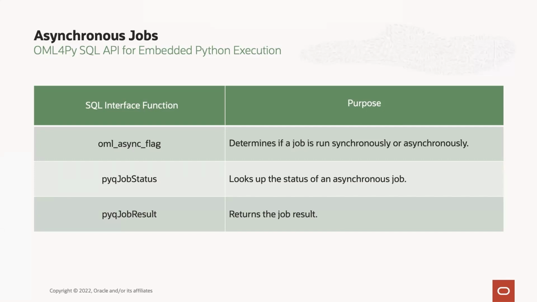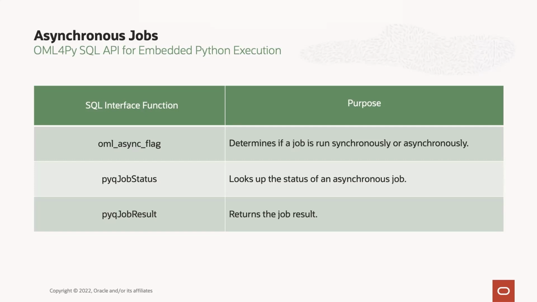In asynchronous mode, the SQL API returns a job URL directly after the asynchronous job is submitted to the web server. The URL contains a job ID, which can be used to fetch the job status and result in subsequent SQL calls. The default mode is synchronous, so if there is a longer running job, we're going to want to set the asynchronous mode to true.